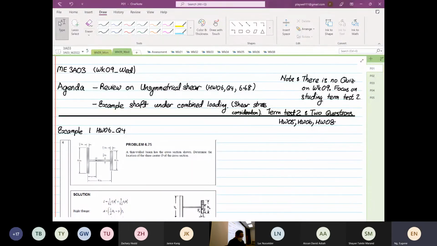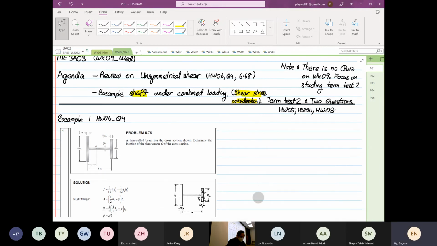And then I will go into an example of a shaft under combined loading. So this is still nothing new, but something that will help you in your term test. More importantly, I want to highlight the shear stress consideration when you're dealing with a shaft. Okay, so that's what I'll be doing today.